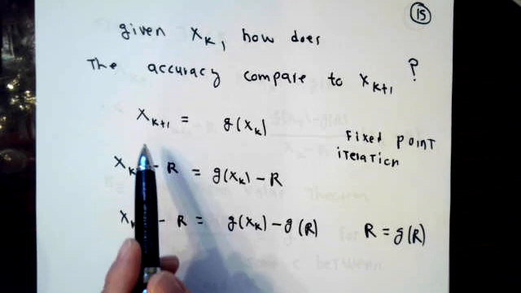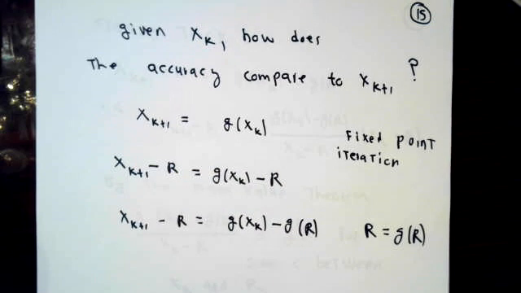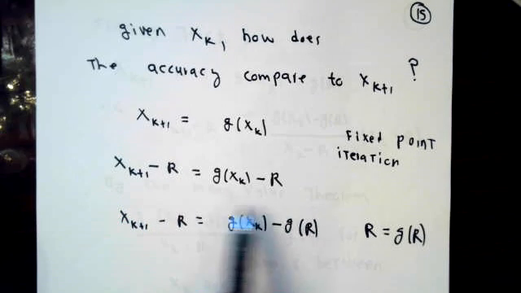So if you write the fixed point iteration, x_{k+1} equals g of x_k, if you subtract R from both sides, you find out that x_{k+1} minus R is g of x_k minus R, which by itself is not very helpful. But remember, R is a fixed point of g.